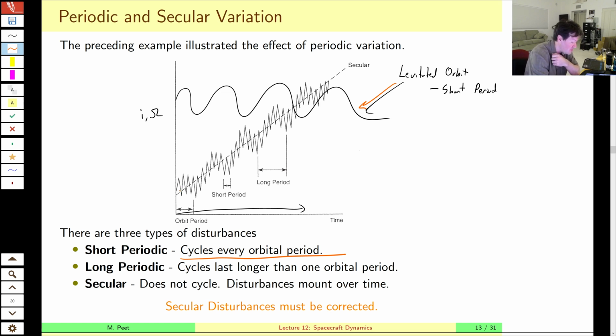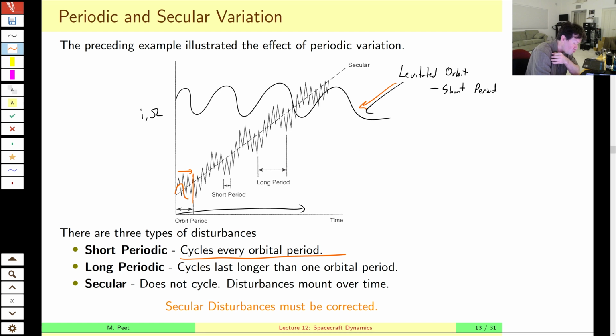This is an orbital period here. The short period oscillations are typically intra-period. A sinusoid was the one we had. Let me erase that and get a better looking sinusoid.